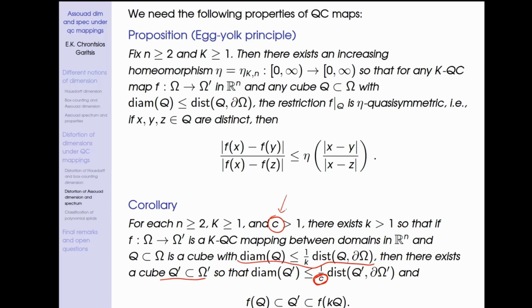We decide how deep we want Q naught to be in omega naught, and Q prime in omega prime. And what is the relation involving that new cube? It's in fact in between the image of Q under f and the image of the cube k times Q under f. So this basically tells us something that we know about quasiconformal maps, that cubes under a quasiconformal map behave more or less like cubes, in a more technical way that we will use in our proof.